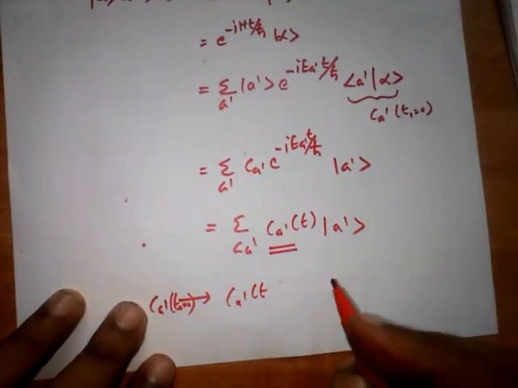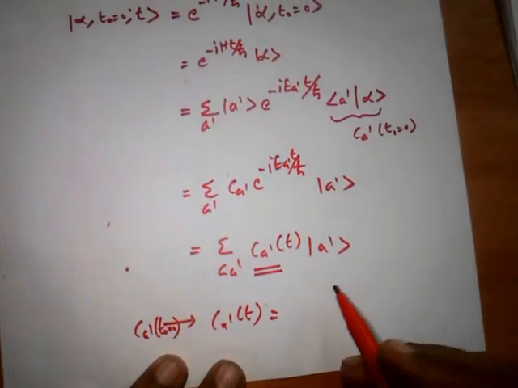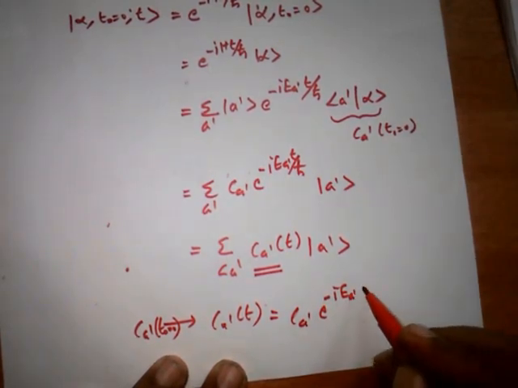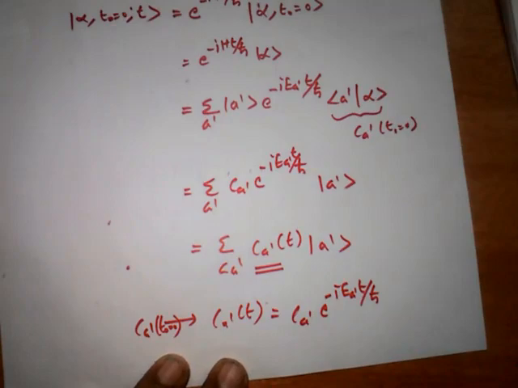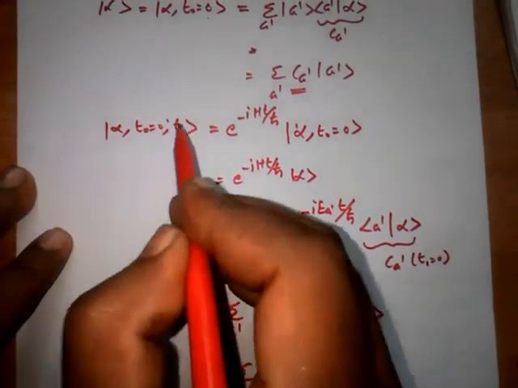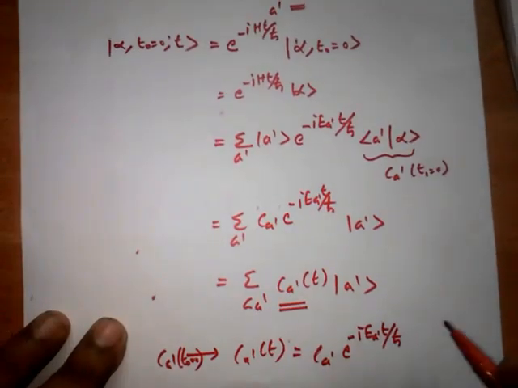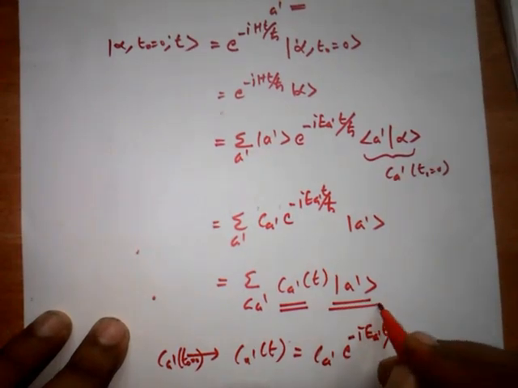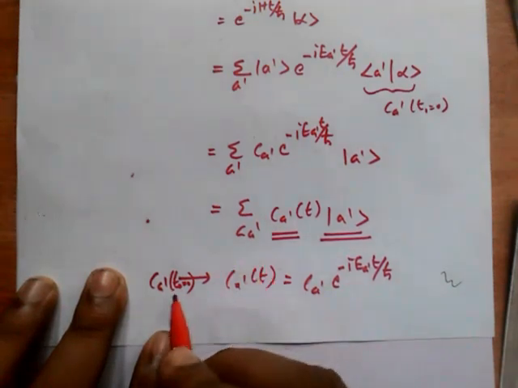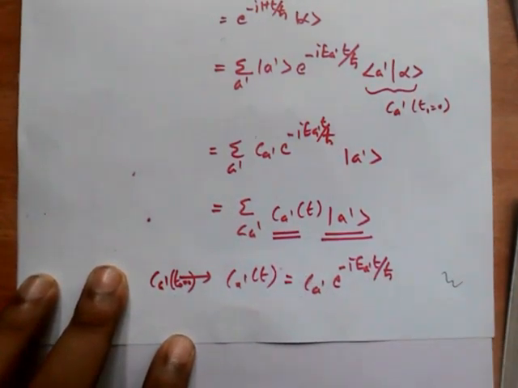This has changed into c_a'(t), that is equal to c_a' e raised to minus i E_a' t over h cross. Okay, this change has happened at time t, and there is no change for these base kets. The expansion coefficient c_a' has changed into c_a' e raised to minus i E_a' t over h cross.